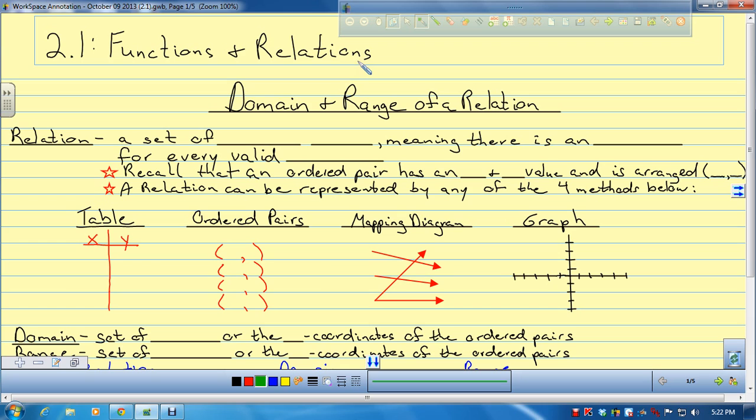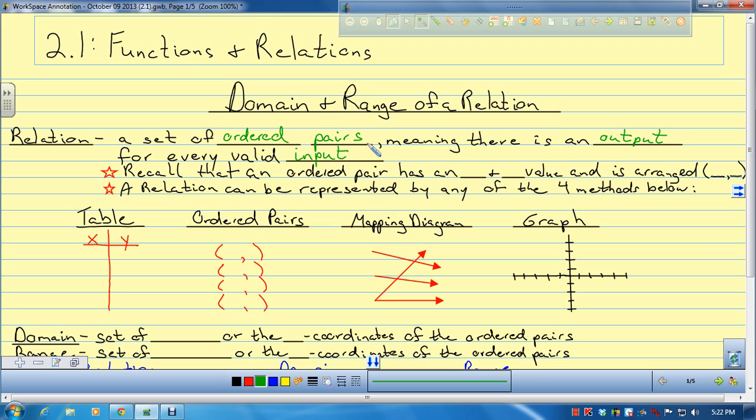So first thing we need to define is what in fact is a relation. And a relation is simply going to be a set of ordered pairs, and what this means is there is going to be an output for every valid input that we have.